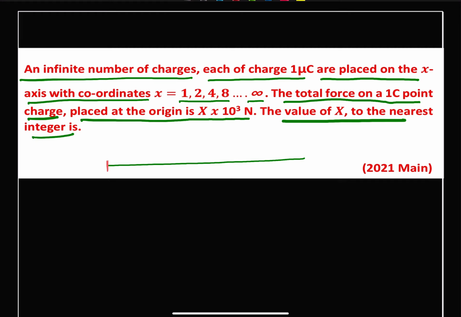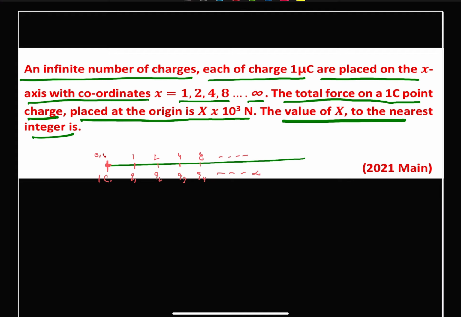And 1 microcoulomb charges are placed at distances of, suppose this is q1, q2, q3, q4 and so on up to infinity, and these positions are given as 1, 2, 4, 8 and so on. And we have to find the total force at the origin.